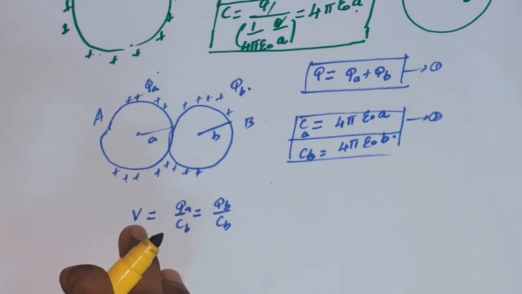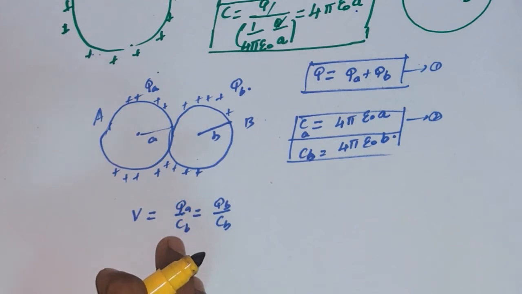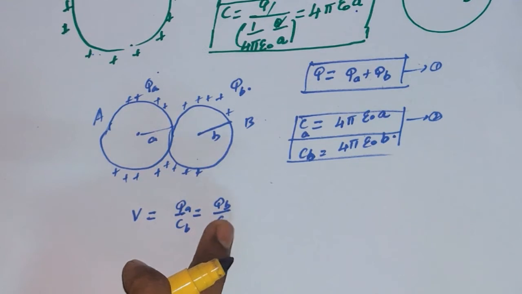On sphere A it is QA by CA, on sphere B it is QB by CB. These two potentials will be equal.